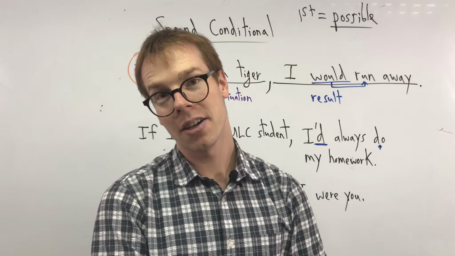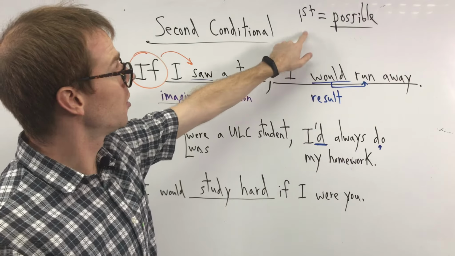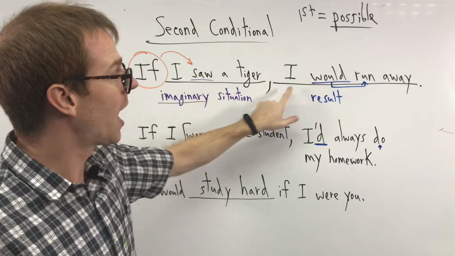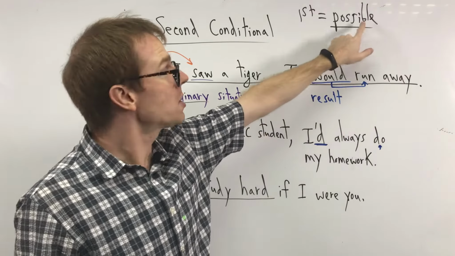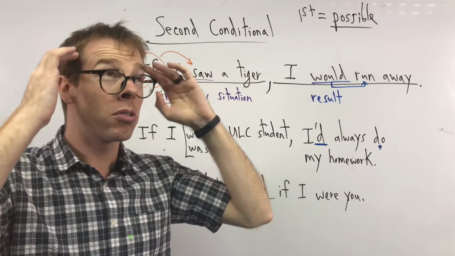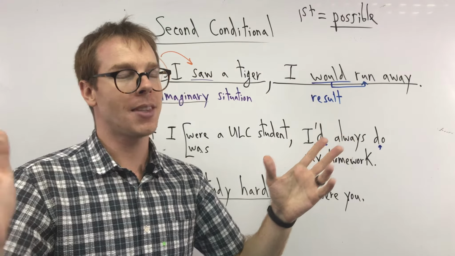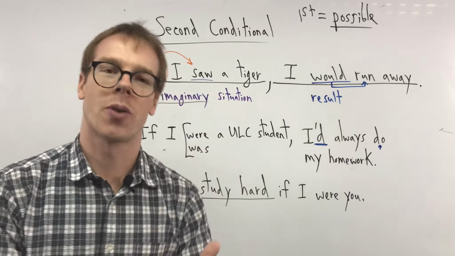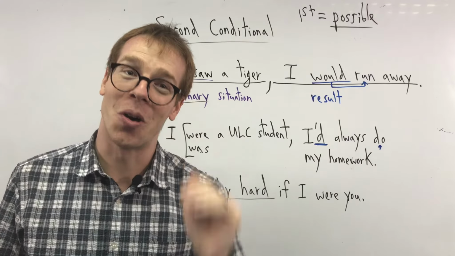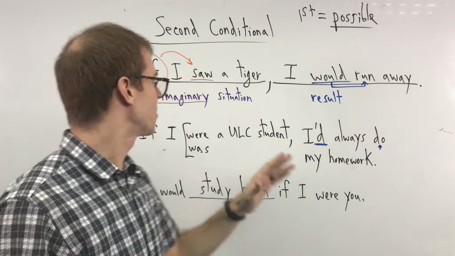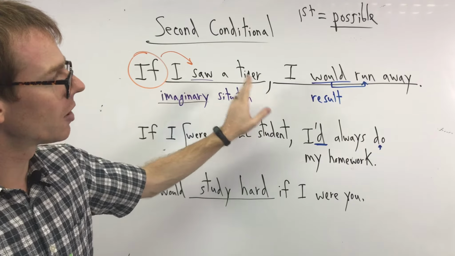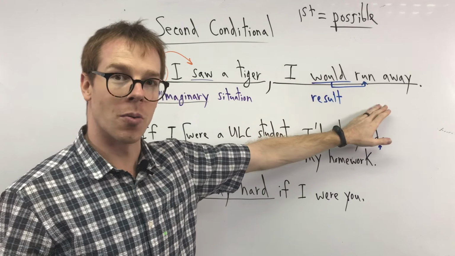Because first conditional, remember, we could say, if I see a tiger, I will run away. Possible. But this one, I think it's only imagination. It's something that's not going to happen, or the chance of it happening is very, very low. Low chance of happening. So we say imaginary. Imagine, if I saw a tiger, I would run away.